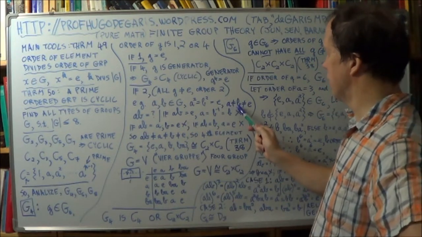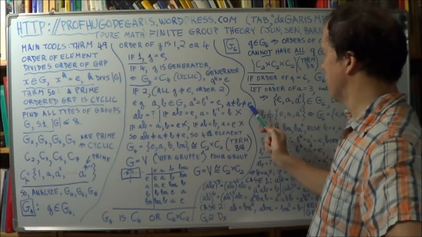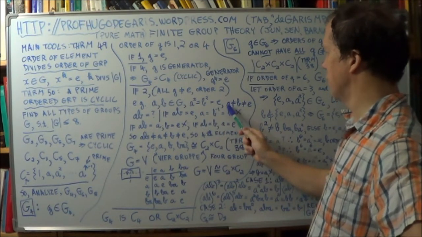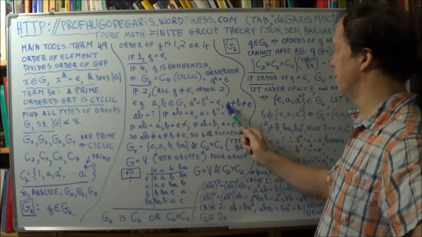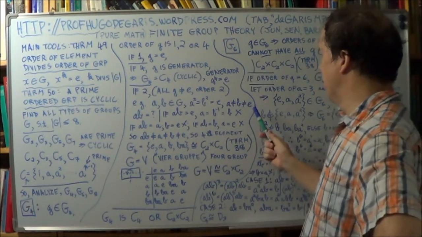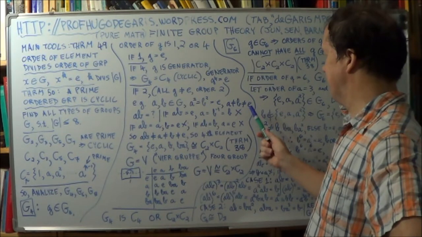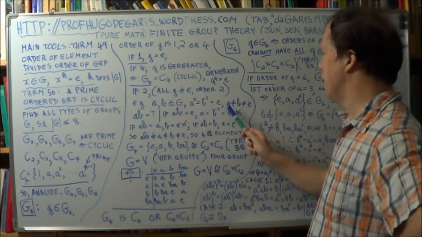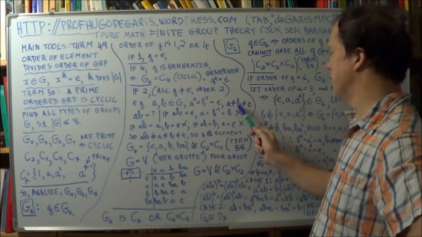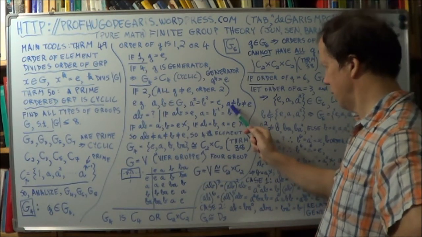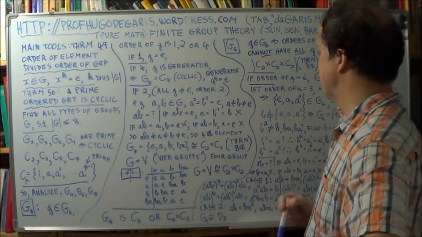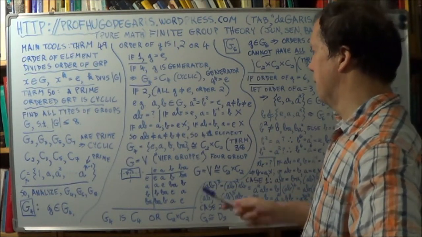So in other words, A is not equal to B, and it's not equal to E, right? Because they have order 2, they can't be equal to E, because then the order would be 1. So we assume A is not equal to B and A is not equal to E. And similarly, B is not equal to A and B is not equal to E. So these 3, A, B and E, are 3 distinct elements, right?